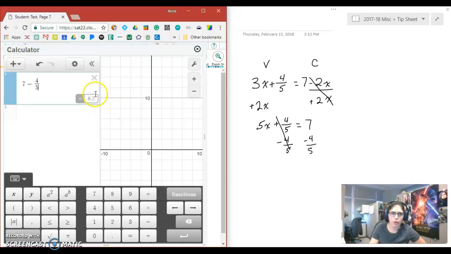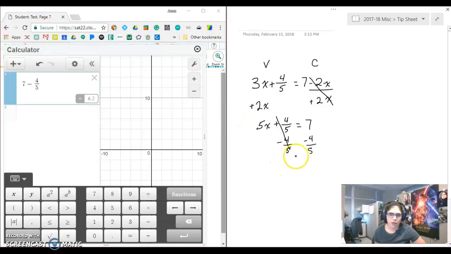And Desmos rounds to 3 decimal places usually. So if it's 6.2, then I know that this is not rounded. So I can just write that as 6.2. And then that'll be easier for me to deal with than more fractions. So I'm going to write it as 5x is equal to 6.2.